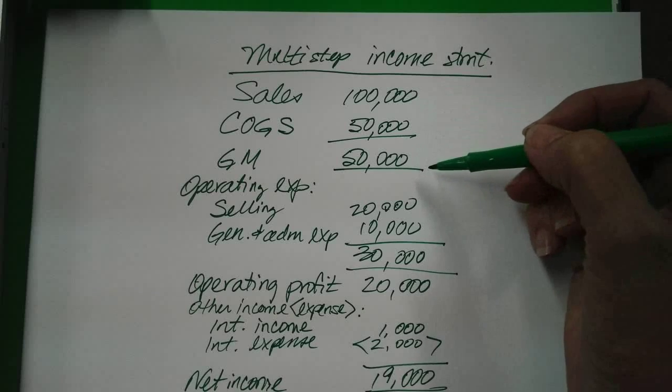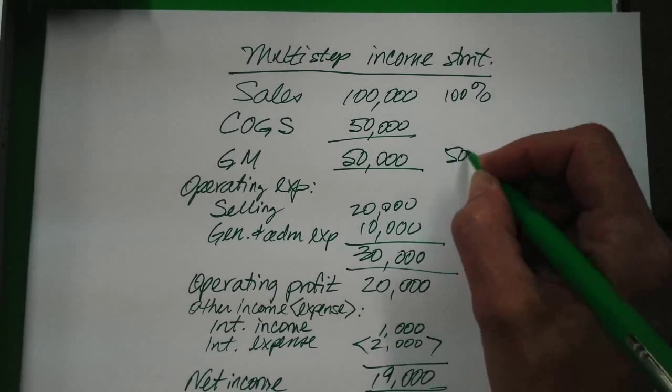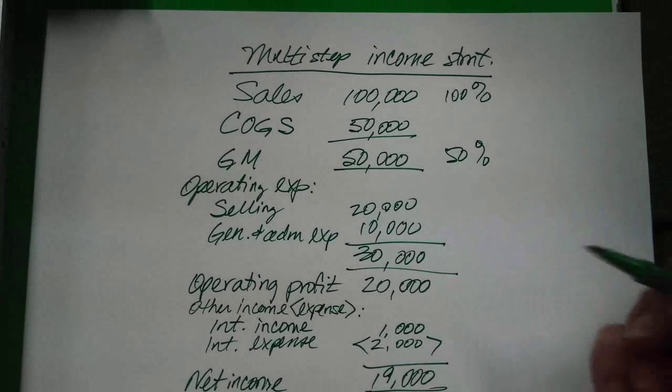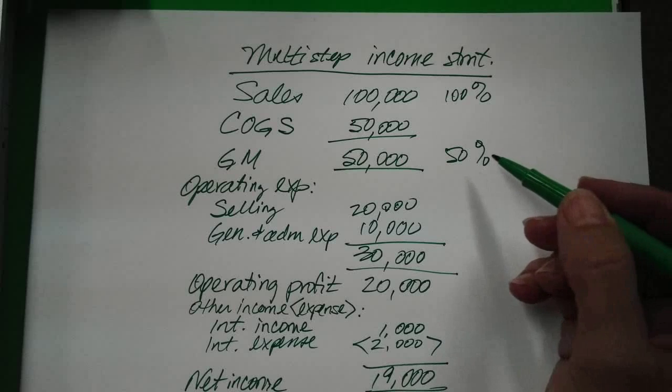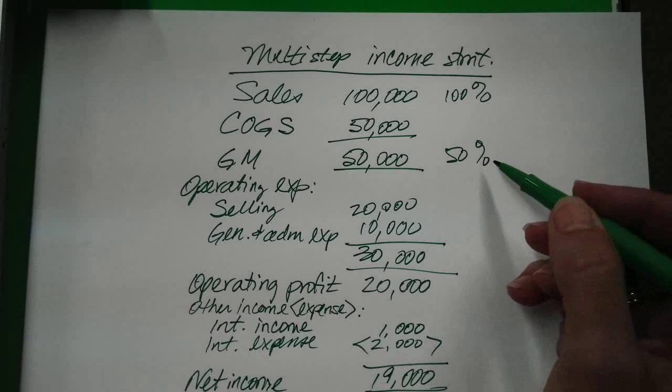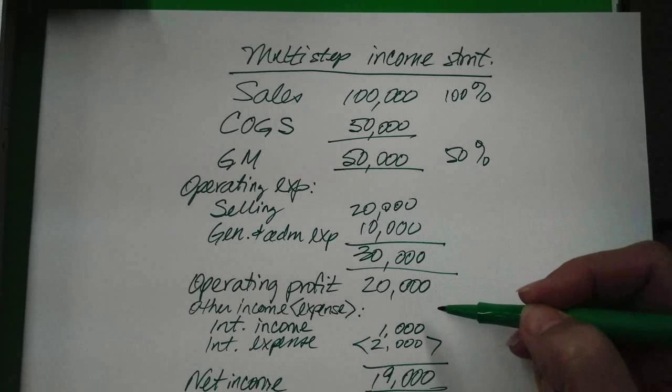Can you see that? This is 100%. This is 50%. Okay? Last year, maybe it was higher or lower. That's interesting to you as a manager or a lender or an investor. I can watch how these change across time.